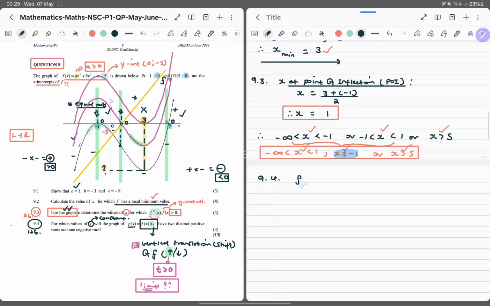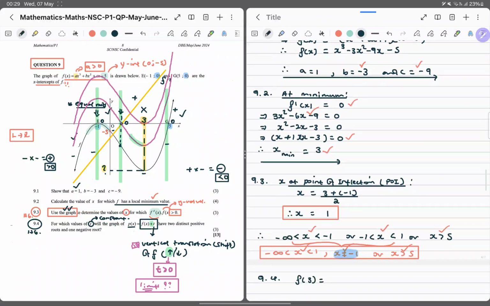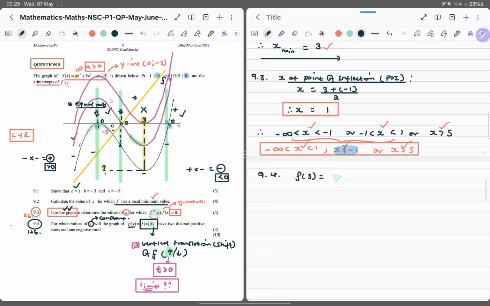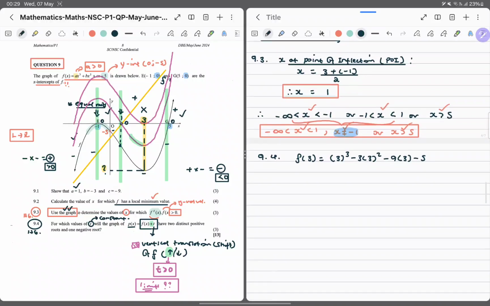So we start by saying f of 3 is equal to, what did we get above here? F is x cubed minus 3x squared minus 9x minus 5, so x is 3: 3 cubed minus 3 into 3 squared minus 9 into 3 minus 5, right? Yes.